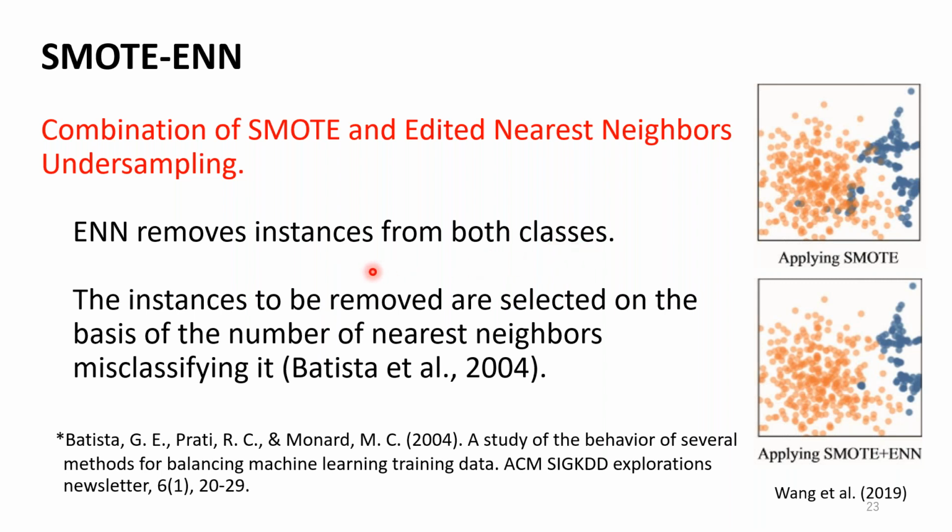The instances to be removed are selected on the basis of the number of nearest neighbors that misclassify them. For example, if a data point belongs to the minority class and its 3 nearest neighbors misclassify the data point, the nearest neighbors that belong to the majority class are removed.